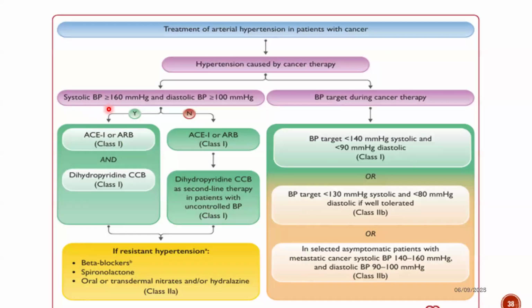When the systolic pressure is above 160 and diastolic above 100, the patient has to be started on ACE inhibitor or ARB, or in combination with a calcium channel blocker. But if the BP is below 160 over 100, then an ACE inhibitor or ARB alone can be started. Beta blocker, spironolactone or nitrates are only added if blood pressure is considered resistant.